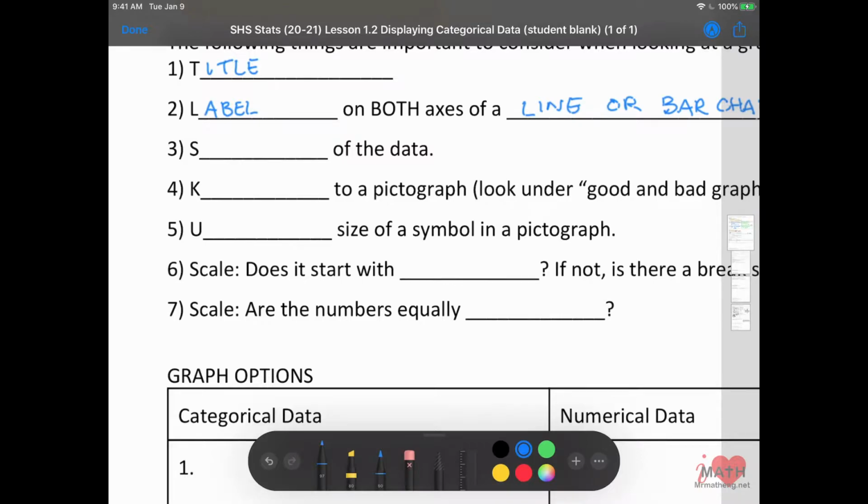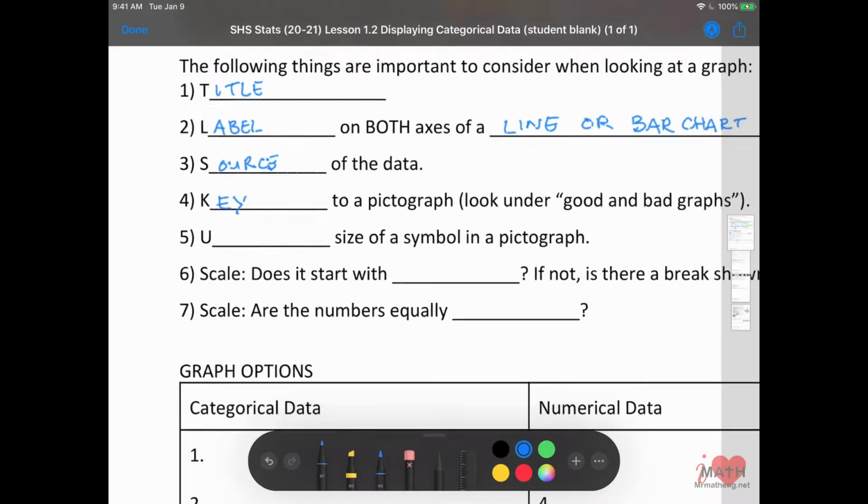Okay, number 3, source of the data. Where did you get it from? Number 4, what is the key, or what do your symbols mean in a picture graph?